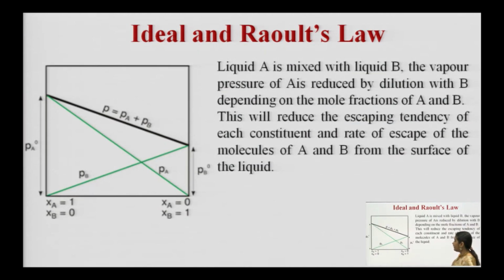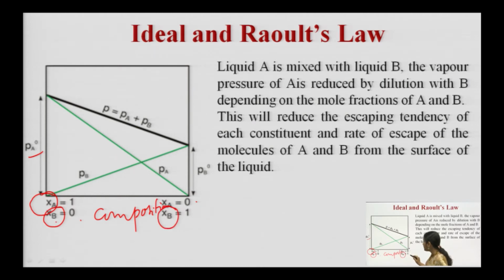Now, if we draw it in a graph and plot vapor pressure against composition, here we have A, here the mole fraction of A is 1 and the mole fraction of B is 0, and here the mole fraction of A is 0 and the mole fraction of B is 1.